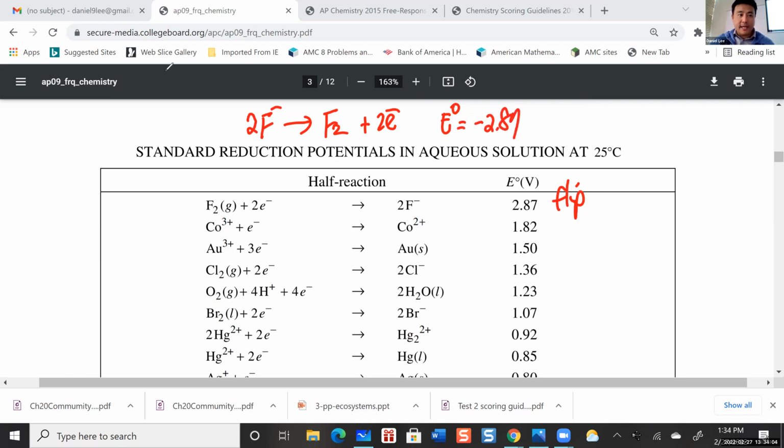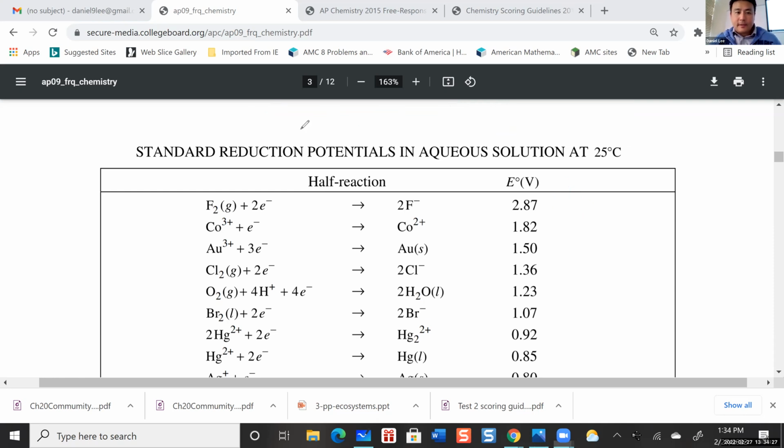Negative means they are not spontaneous. Positive means spontaneous. Negative means they are non-spontaneous.